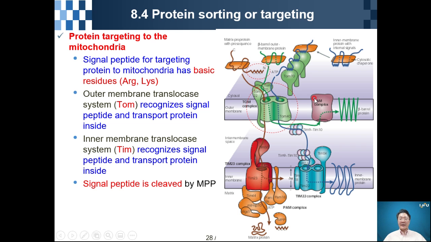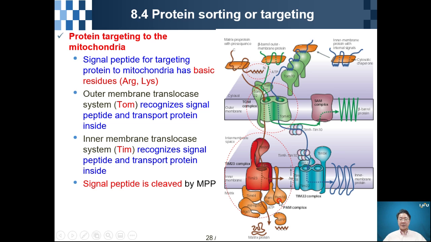This is the mitochondrial outer membrane, and this is the mitochondrial inner membrane. After that, the inner membrane translocase system, the TIM complex, also recognizes the signal peptides and transports proteins inside.